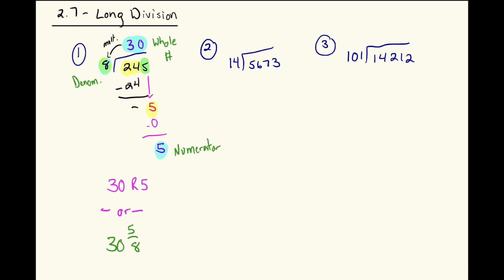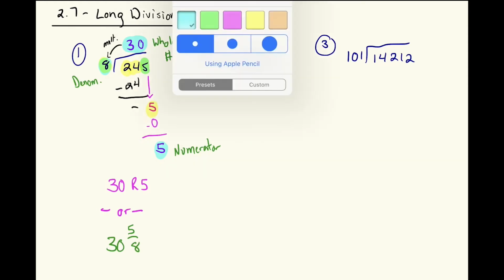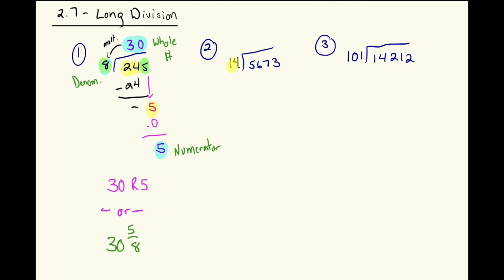So in example number 2, we are going to look at our number 14. That's what we are dividing by. So what we want to look at is how many times can 14 go into a part of the number. Well, can 14 go into 5? No. Can 14 go into 56? Yes, it can. 14 can go into 56 4 times.